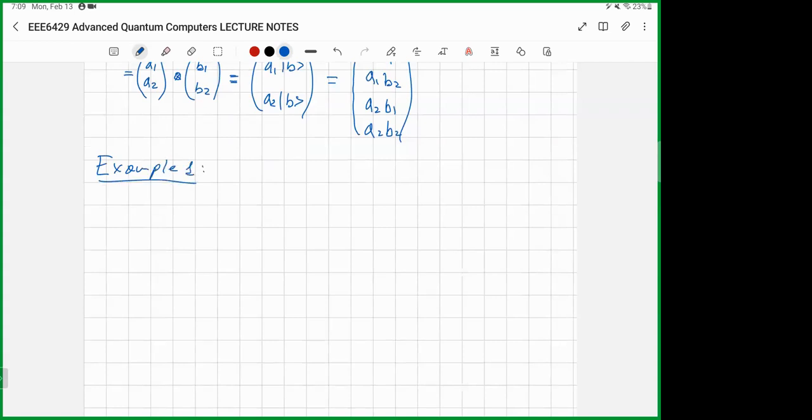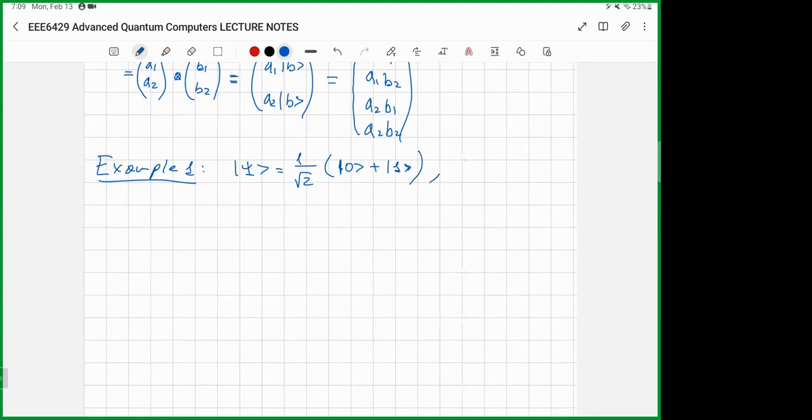So now let's consider example 1. Suppose I have a superposition state psi, which is 1 over square root of 2 times state 0 plus state 1, right? We already know this.